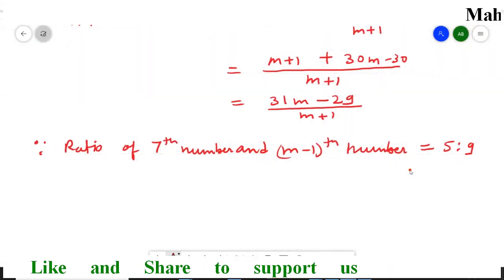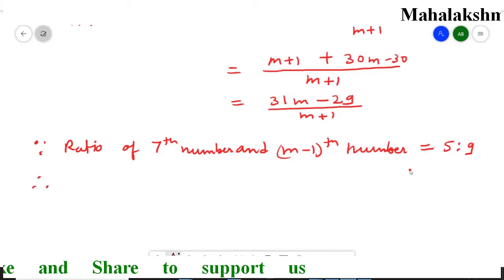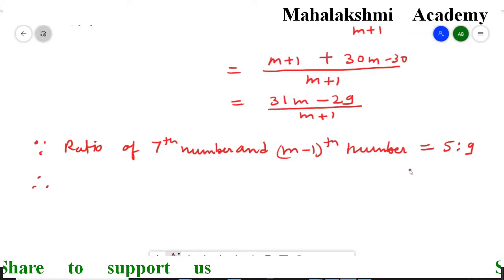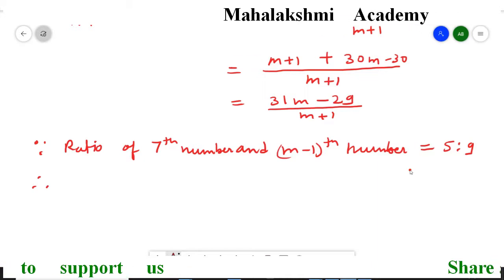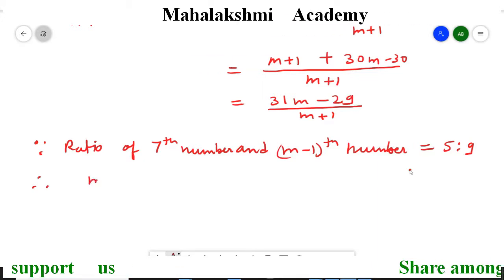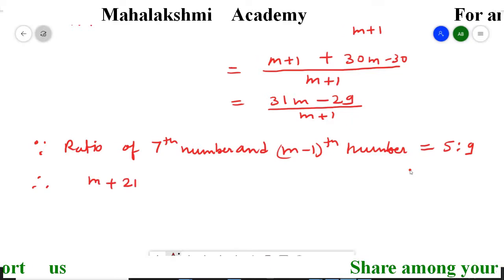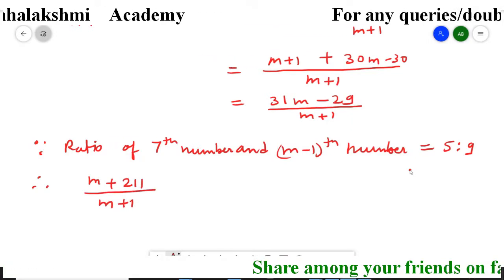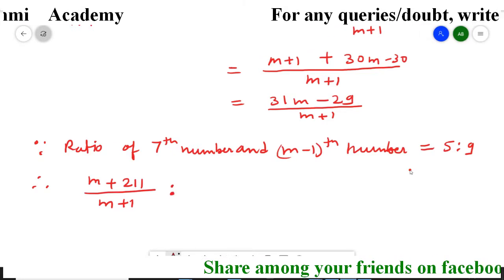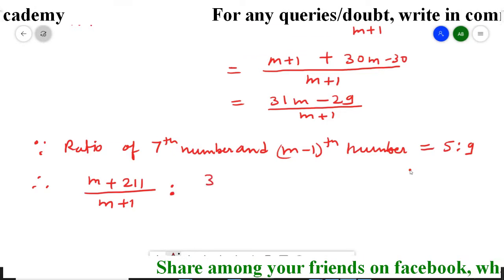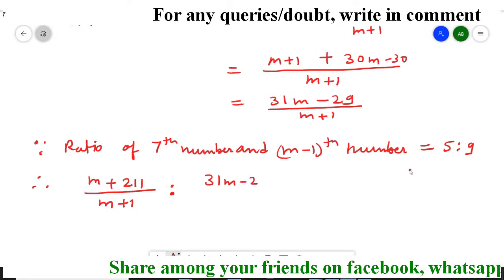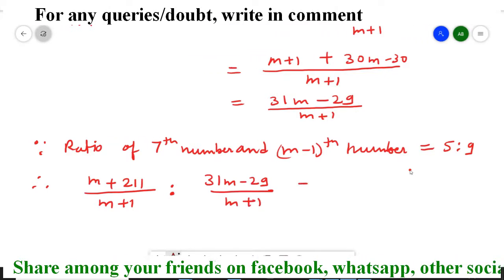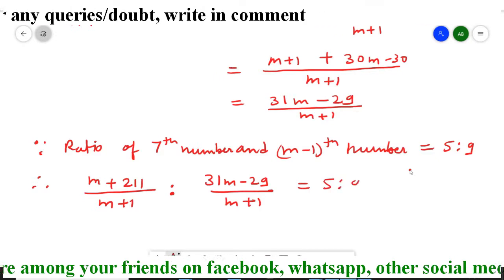So now we'll find the ratio. The 7th term which we calculated is M plus 211 upon M plus 1, and the M minus 1th term which we calculated is 31M minus 29 upon M plus 1, and their ratio is given to us as 5:9.